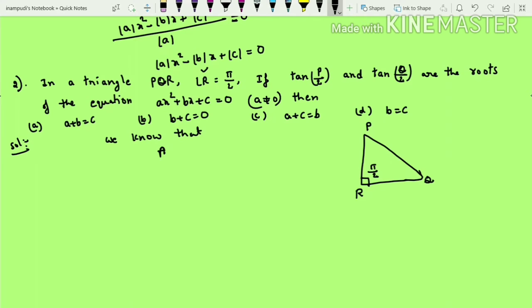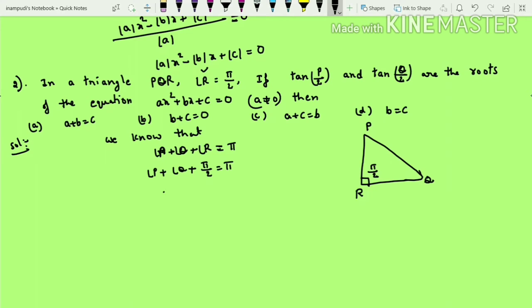Angle P plus angle Q plus angle R is equal to 180 degrees. 180 means pi. Here angle P plus angle Q plus angle R equal to pi, with R equal to pi by 2.